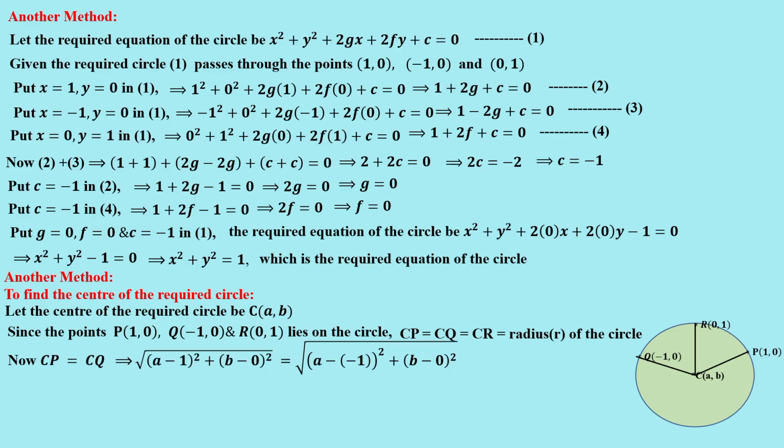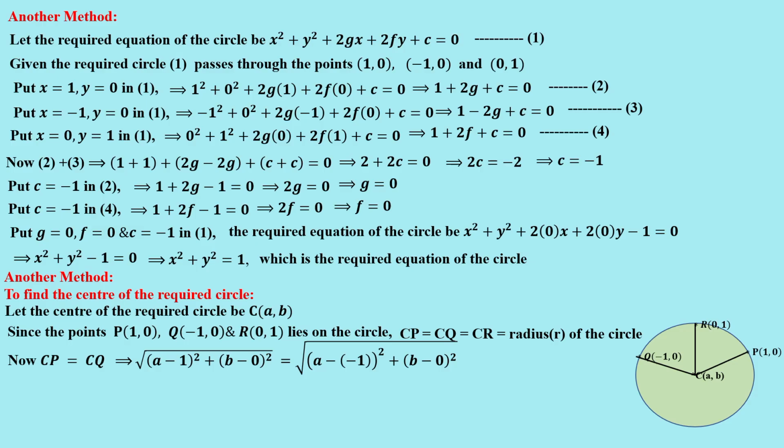We are using the distance formula. We know C is A comma B and P is 1 comma 0. So using the distance formula, root of A minus 1 the whole square plus B minus 0 the whole square.